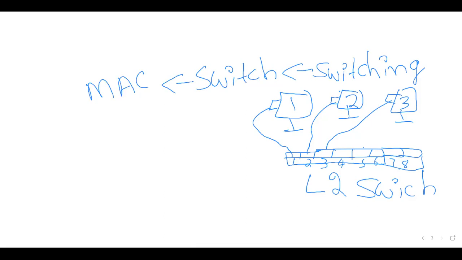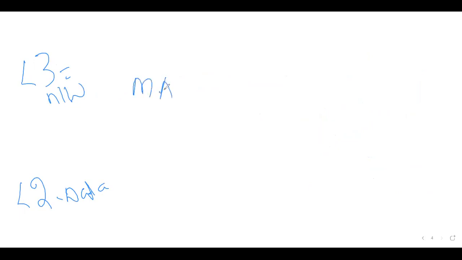Okay. Now, I'll come in this way. I have a layer 2, I have a layer 3, which is data link layer, which is network layer. Let me say MAC address is a layer 2 address.